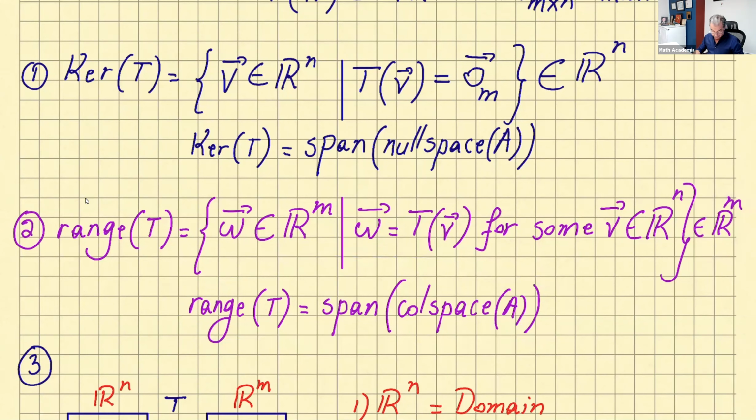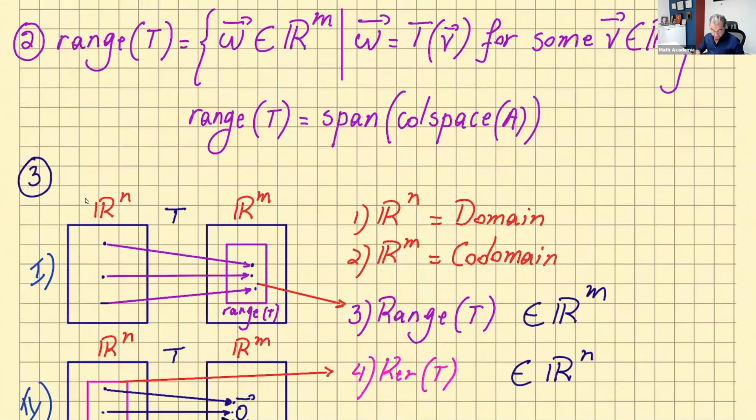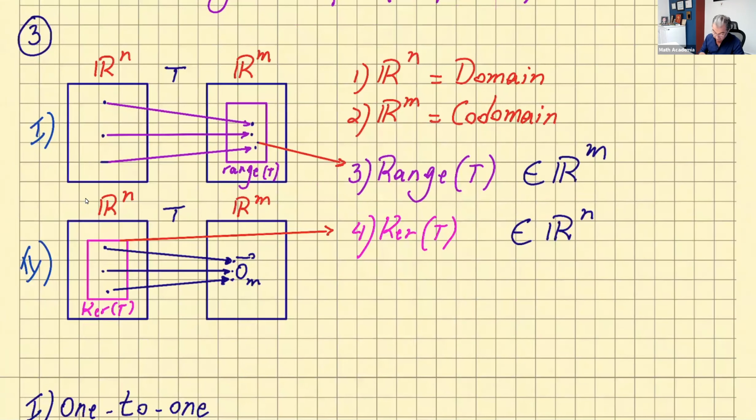So now I did show a transformation, to kind of see what the domain, codomain, range, and the kernel are. So we go from Rn to Rm in this, and then Rn is the domain, Rm is the codomain, and somewhere in Rm you have the range, and sometimes the range can be the entire Rm.